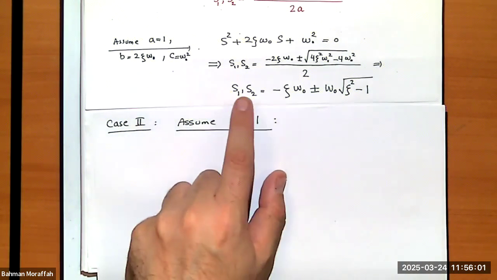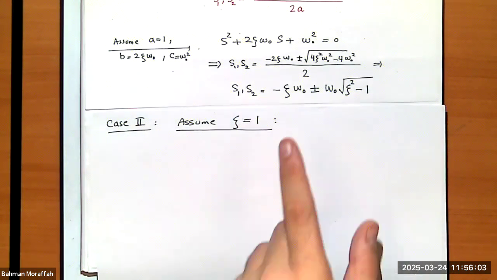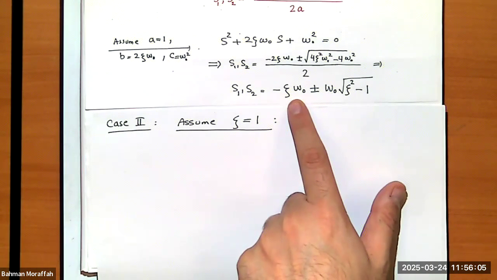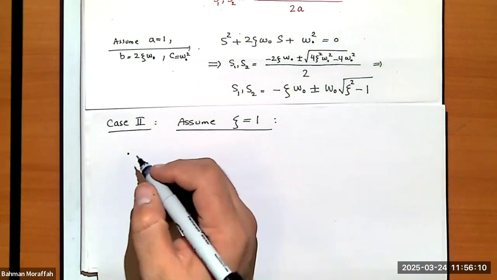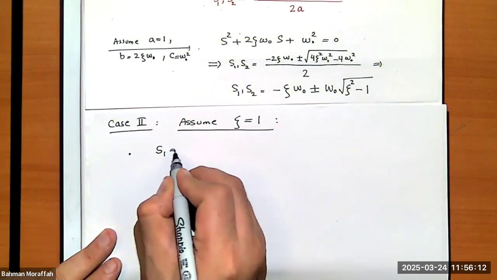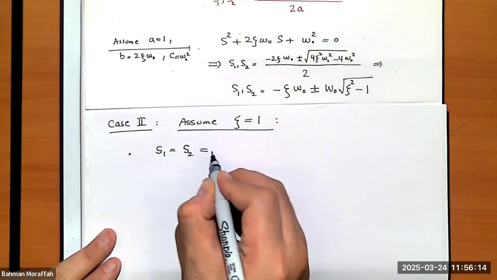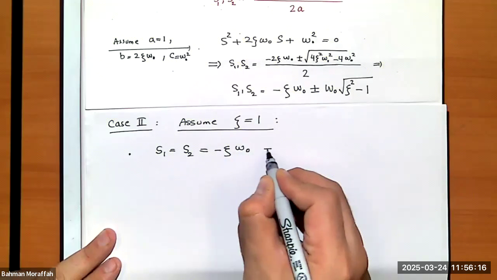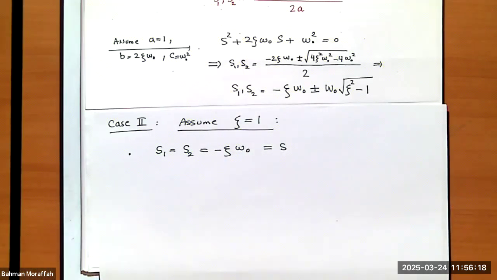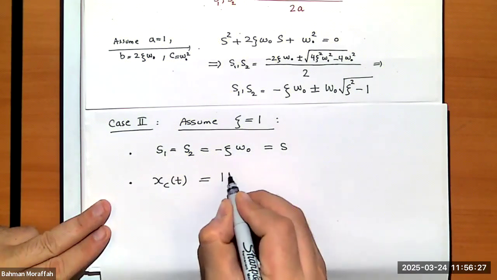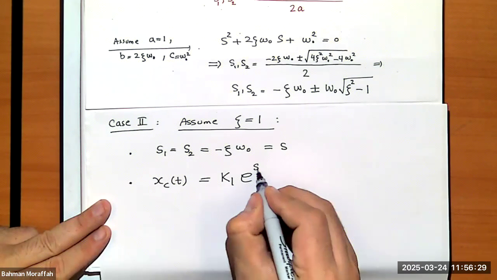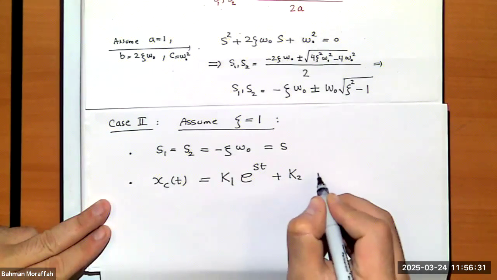So my solutions s1 and s2 are exactly the same, and it is minus zeta omega naught. So s1 equals s2 equals minus zeta omega naught. Let's just call this s, because they're exactly the same. We know the solution x_c of t is k1 e to the st plus k2 e to the st.